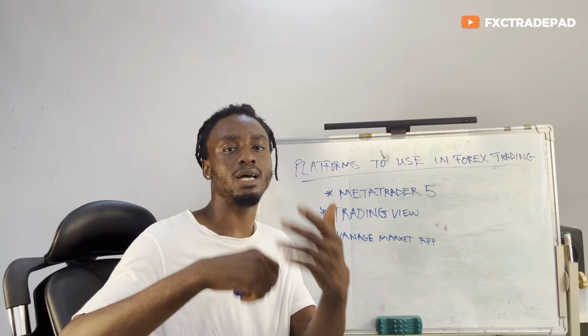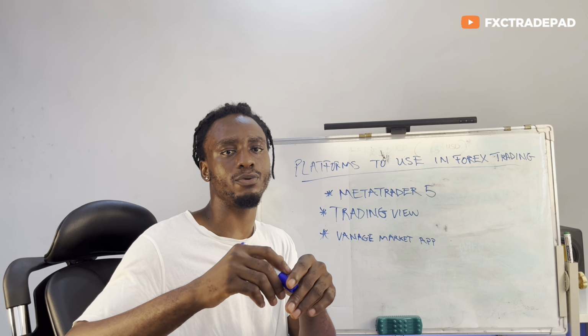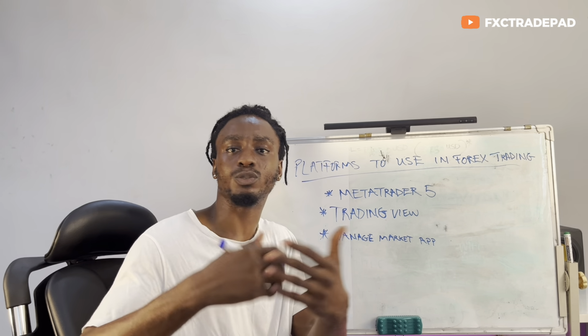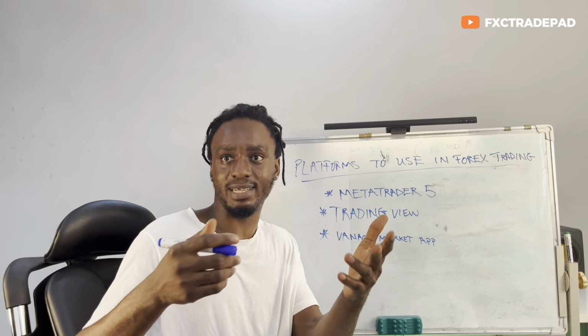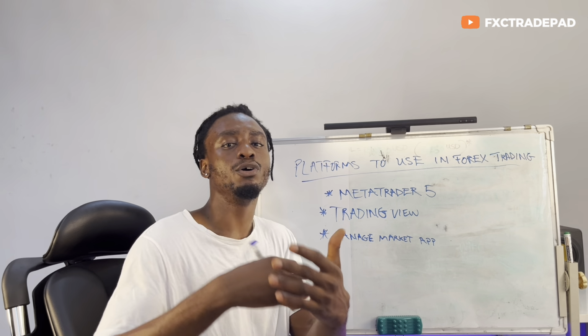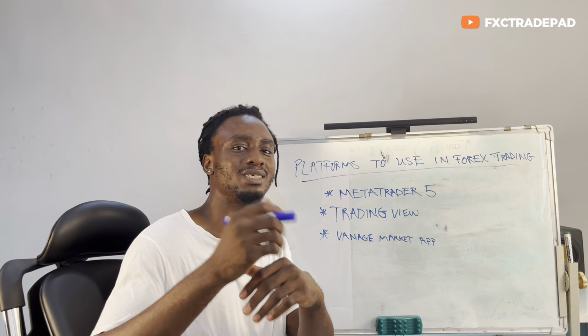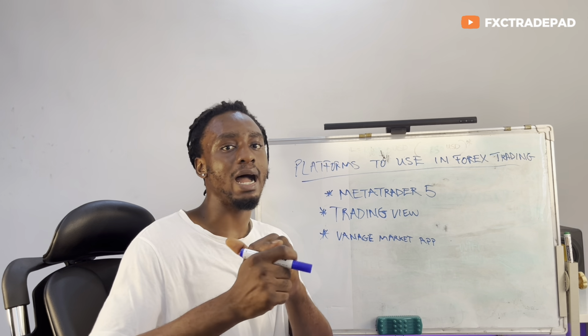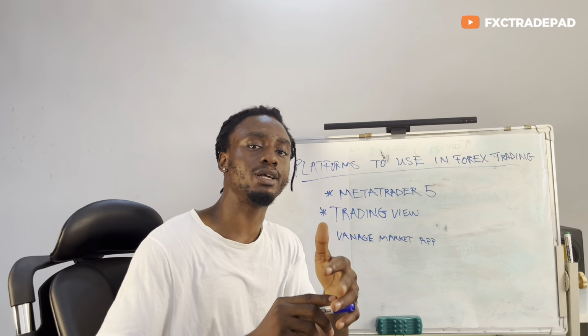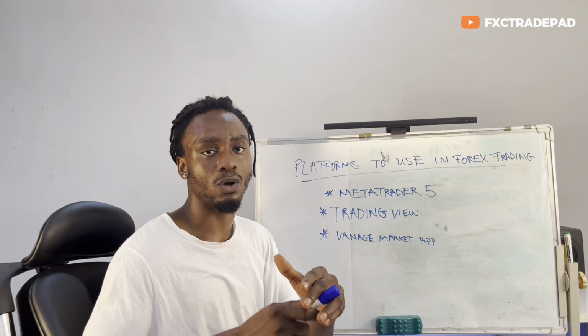When you log into that app, you can see where you can deposit and withdraw, because you'll be making transactions, so you need this app to keep you in touch with your broker. They also have some bonuses and offers that you can check out by yourself, and you can download it on Play Store and Apple Store as well.